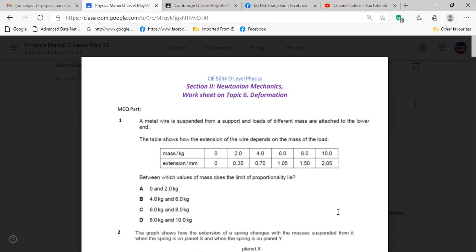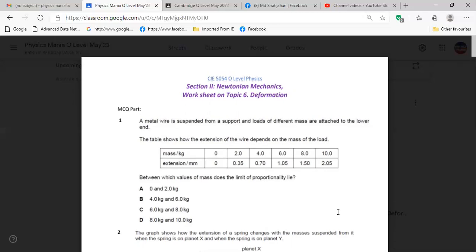Yes, sir. So our answer is C. Between 6 kg and 8 kg, somewhere we have the limit of proportionality. Okay, sir.